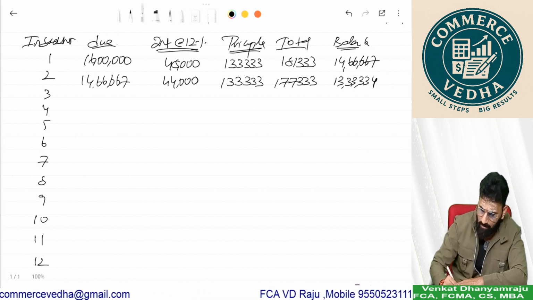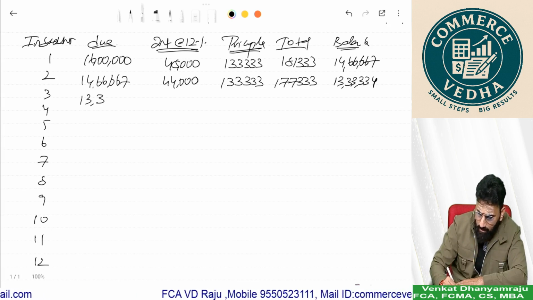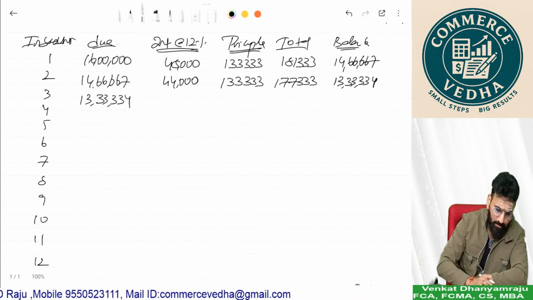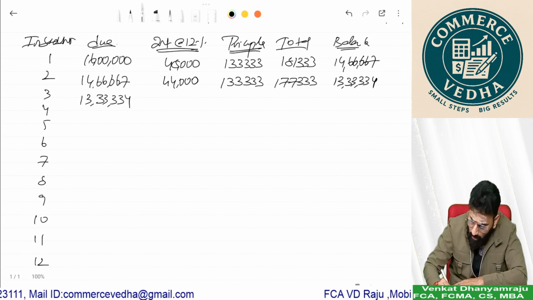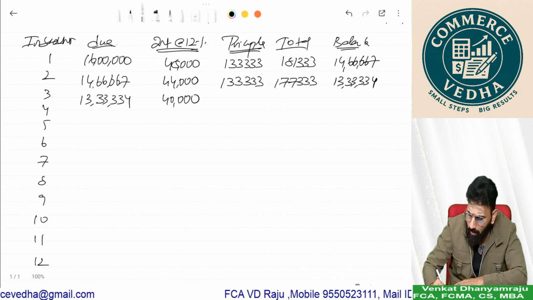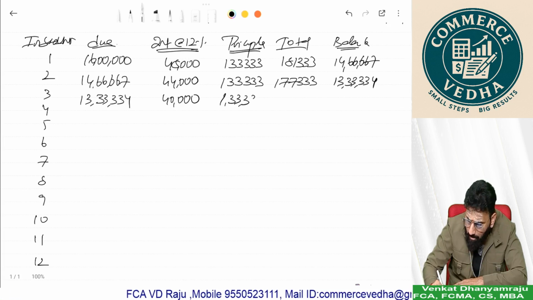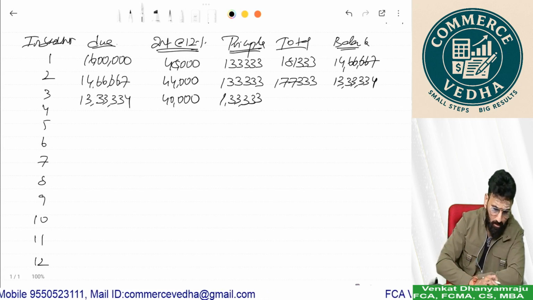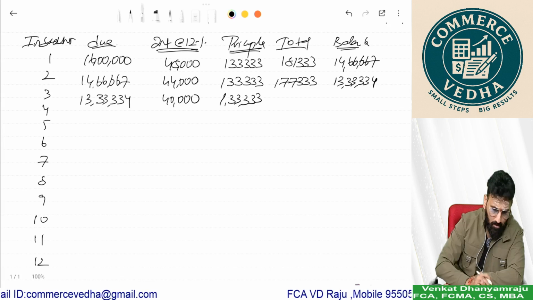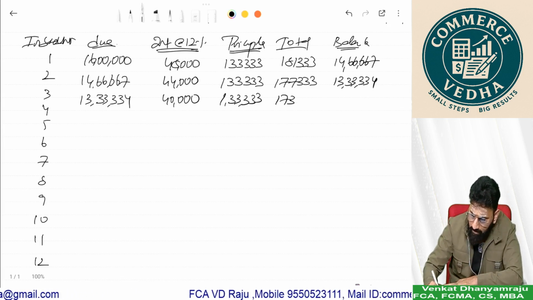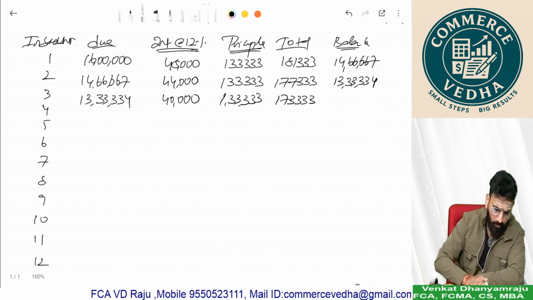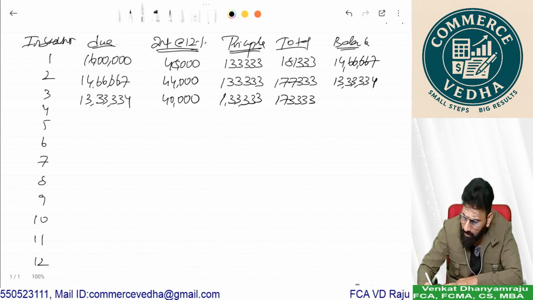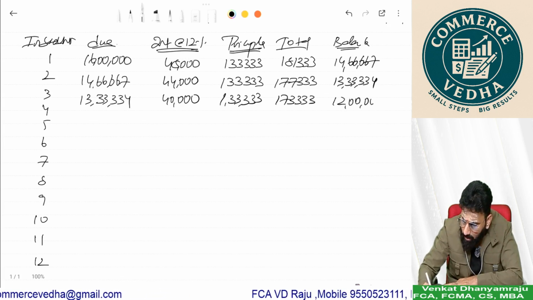33,334 and third installment opening due 13,33,334. On that interest is 12% into 3 by 12, 40,000. Principal remains the same and the total EMI 173,333. And if you remove 133,333 from 13,33,334, it is 12 lakhs 1 rupee.